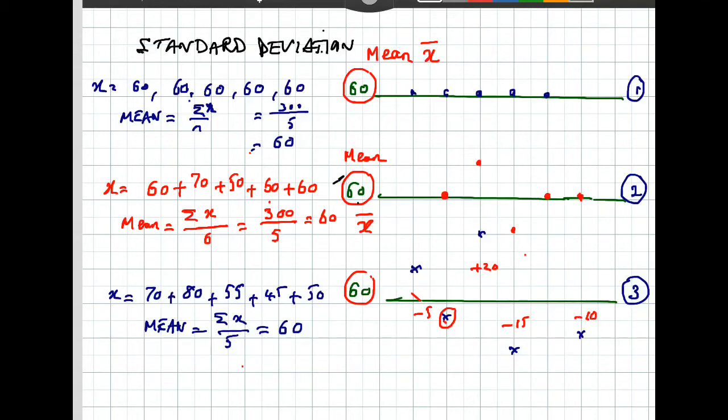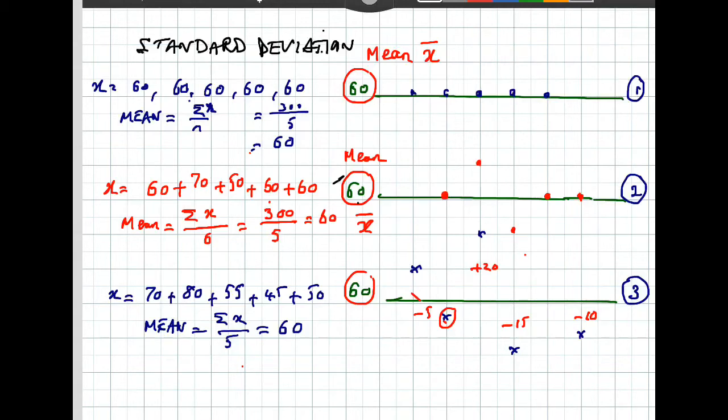When you add them up, the total divided by the number of points is going to give you the same mean as 60. But we have some kind of scatter around the mean.